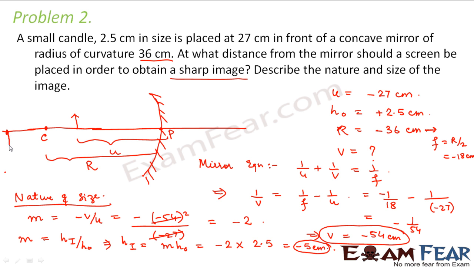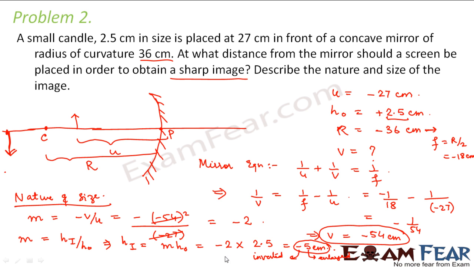That means the image is formed below the principal axis and the magnitude is 5, which is greater than the object. So that means the image is enlarged, the image is inverted, right? The negative sign shows that the image is inverted. This magnitude 5 shows that the image is enlarged.